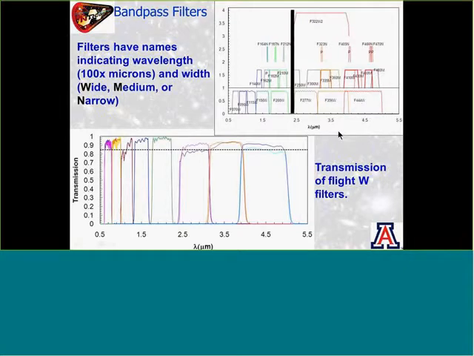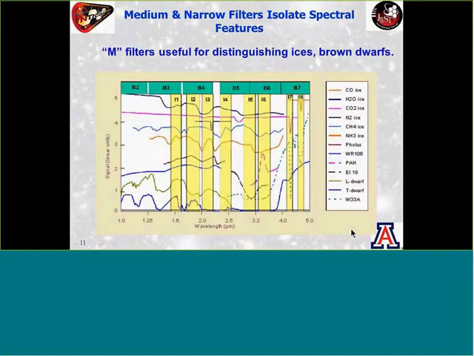And a lot more filters than I had originally envisioned, but I think most of them are going to be put to really good use, as you'll see. And this bottom plot shows that all of the filters actually have great transmission, but the W filters in particular are excellent filters.